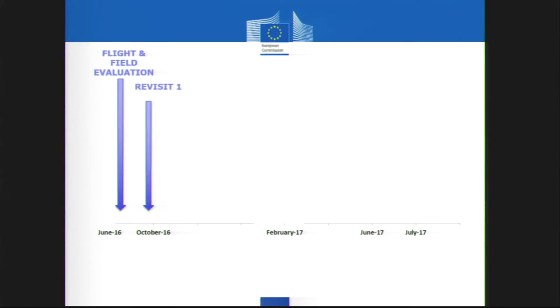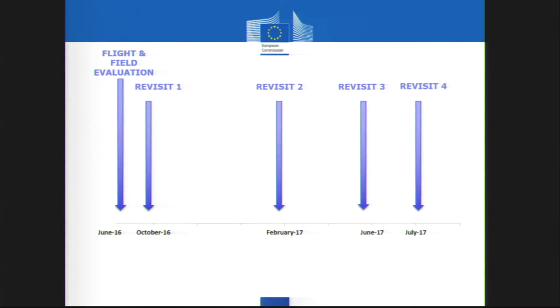So to evaluate that, what we did was to revisit the same trees over a period of 1 year, for a total of 4 revisits and 1 coincident with the flight, focusing entirely on the subset of trees that we can call the false positives. I mean, those trees that remote sensing said were affected, but the pathology said were not affected.